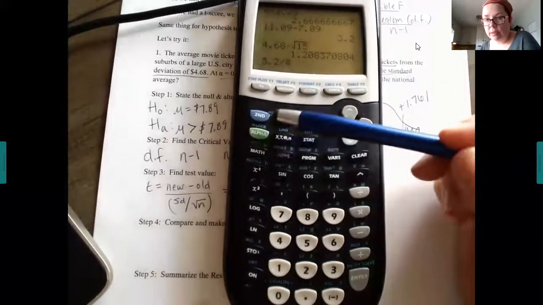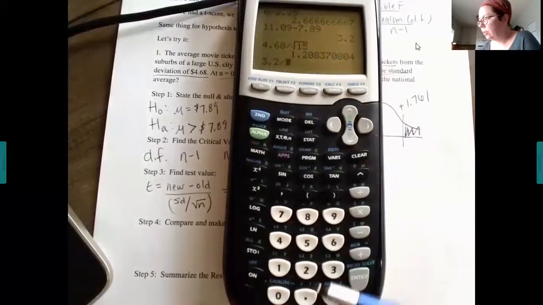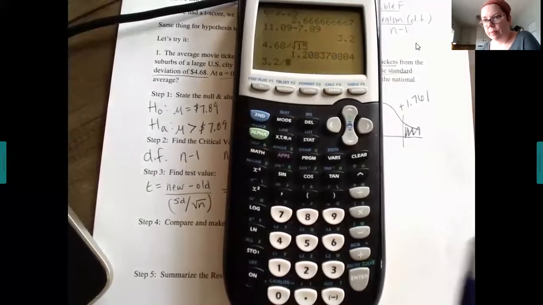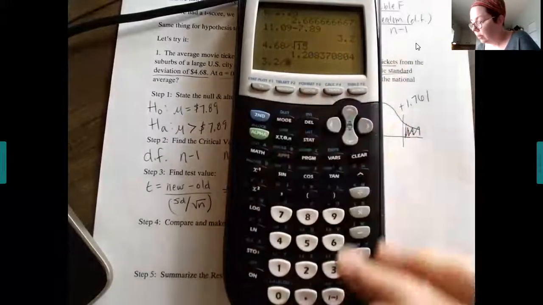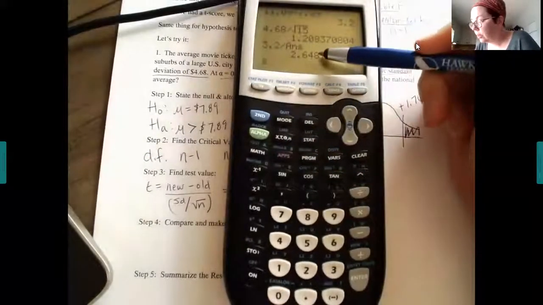And then if you hit second and then ANS for answer, that'll put up this whole thing in there without having to round it. If you're using a TI-30, like the smaller calculators, I think it's still in the same buttons. You're going to have a second up here in the corner, and then at your negative symbol, you have ANS there, so it'll still work the same way. So we can press second, this puts all that in there. So 1.208, and so on. And we get 2.65.